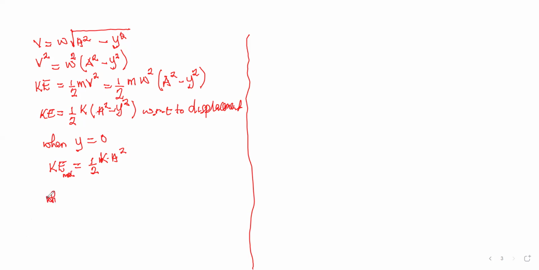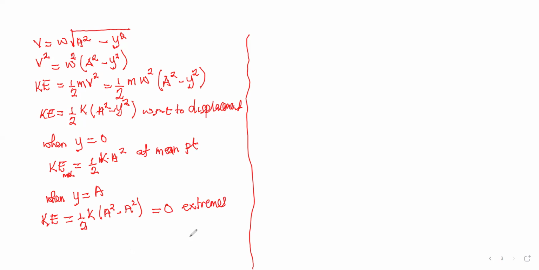And when y is equal to the amplitude, KE is equal to half K times A squared minus A squared, which is equal to 0. So this confirms that kinetic energy is maximum at the mean point or rest position, and minimum at the extremes.